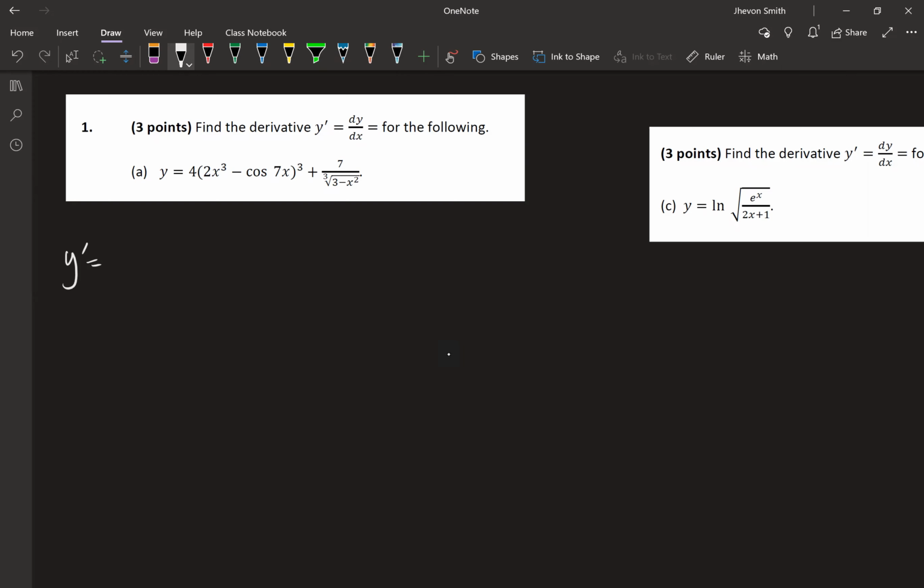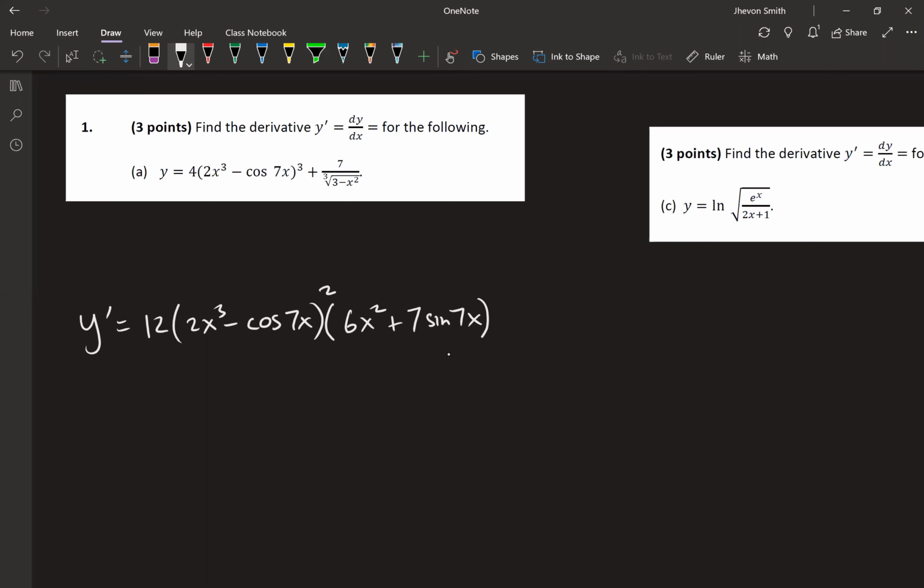It should be the 12 times 2x cubed minus cosine 7x squared, times 6x squared plus sine 7x times 7. Yes, that should be the first part. That's the first one, using the chain rule.